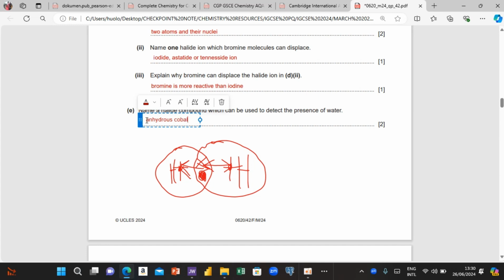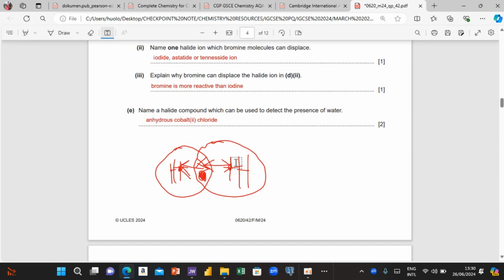Anhydrous cobalt(II) chloride. You can see it's 2 marks. The word anhydrous will give you 1 mark, cobalt(II) chloride will give you a second mark. So if you have omitted the word anhydrous, please note that you have lost 1 mark.